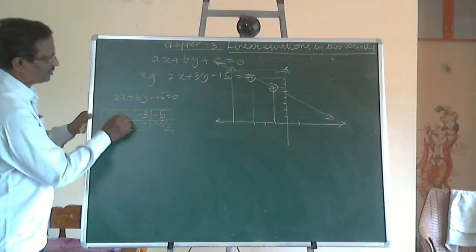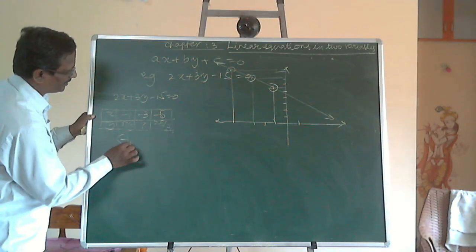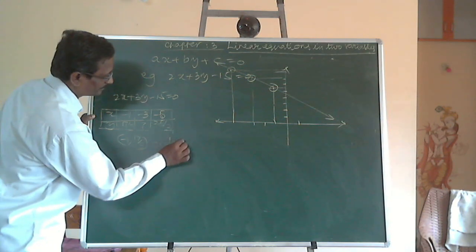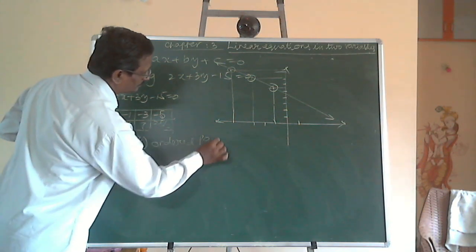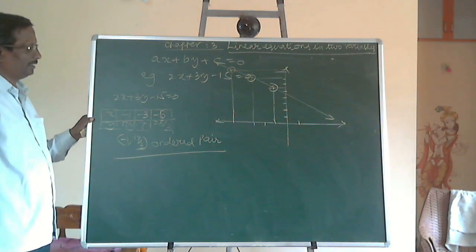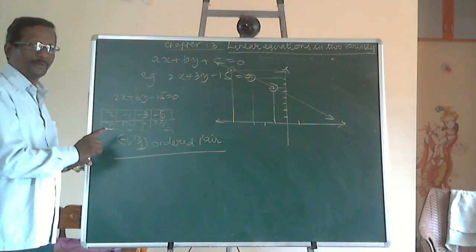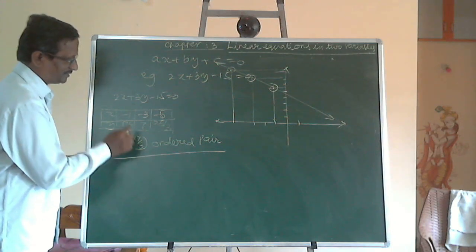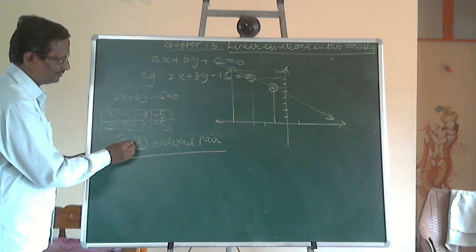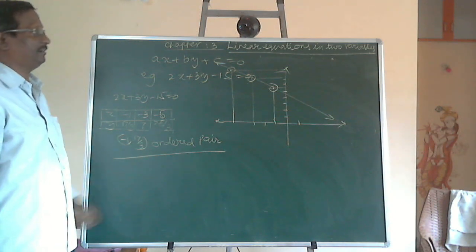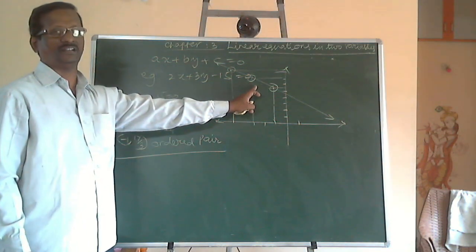Here, every solution is represented in the form of minus 1, 17 upon 3. It is an ordered pair. In an ordered pair, it is always in round brackets, with the first number and second number. There is a comma. The first number is representing the x coordinate of the point when it is represented on the graph.